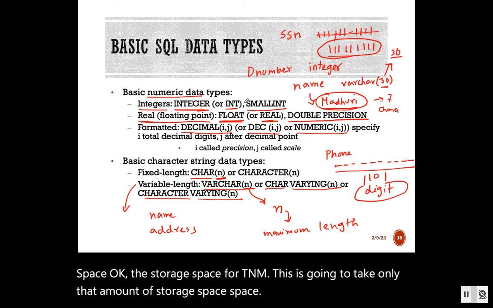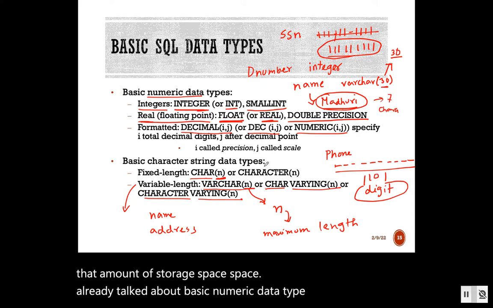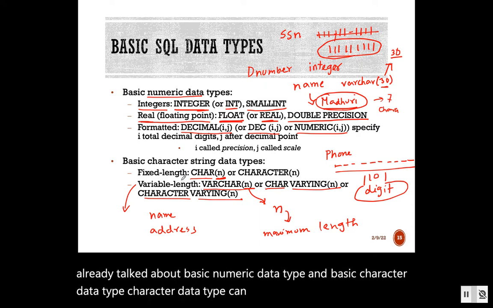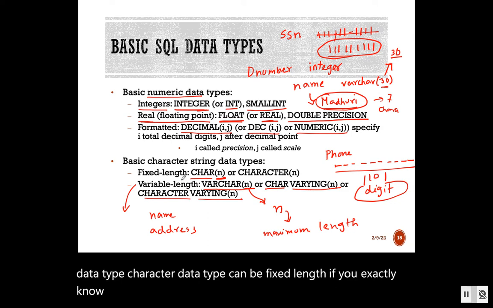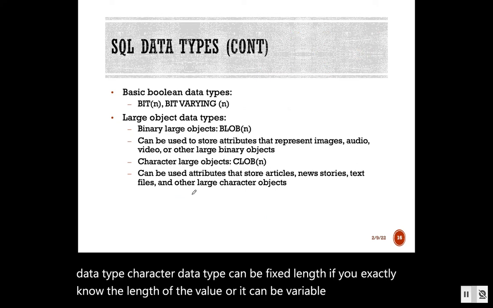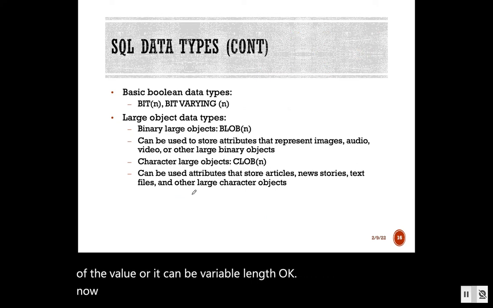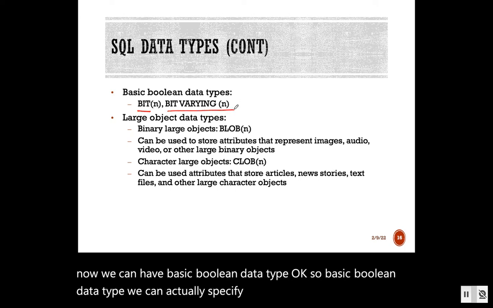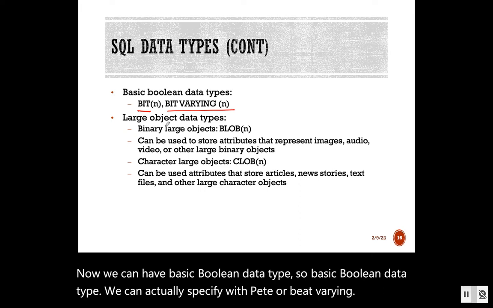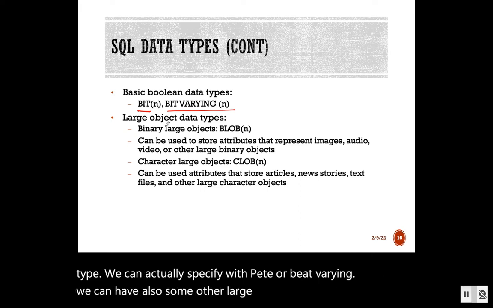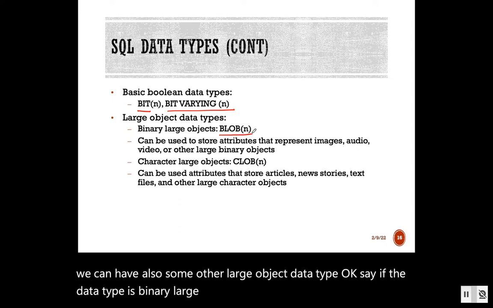We talked about basic numeric data types and basic character data types. The character data type can be fixed length if you exactly know the length of the value, or it can be variable length. Now we can have the basic Boolean data type, which we can specify with bit or bit varying. We can also have other large object data types. If the data is a binary large object, we can use BLOB(n).